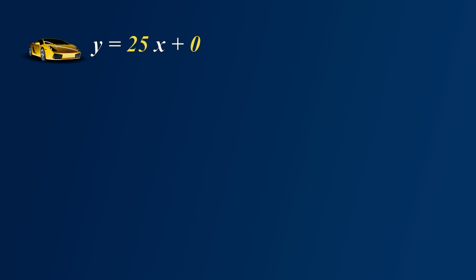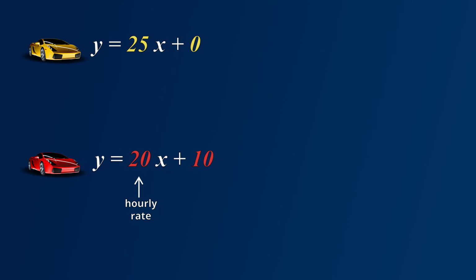The yellow equation is y equals 25x plus 0. The Red Company charges only $20 per hour, but you have to pay a deposit of $10. The Red Company's equation is y equals 20x plus 10.